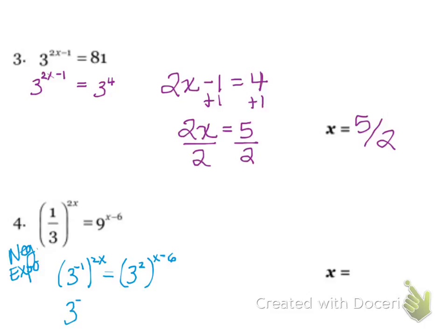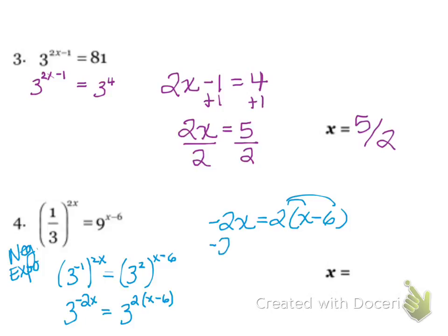So, again, this would be 3 to the negative 2x equal to 3 to the 2. Now watch this, parentheses x minus 6. Because this is a whole quantity, we're going to have to distribute. So we get negative 2x equal to 2 times x minus 6. And like I said, we need to distribute.